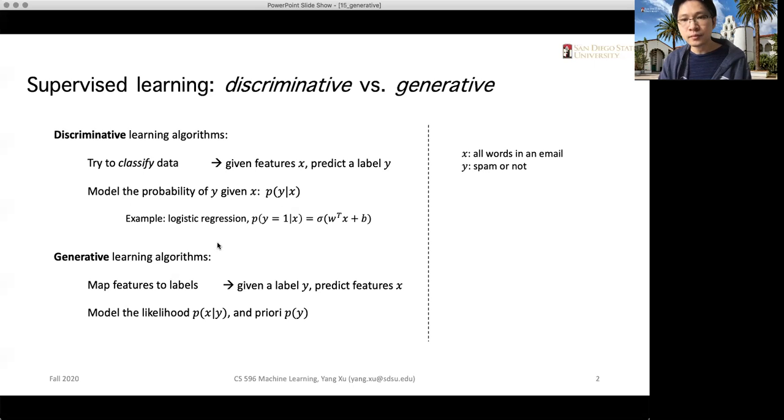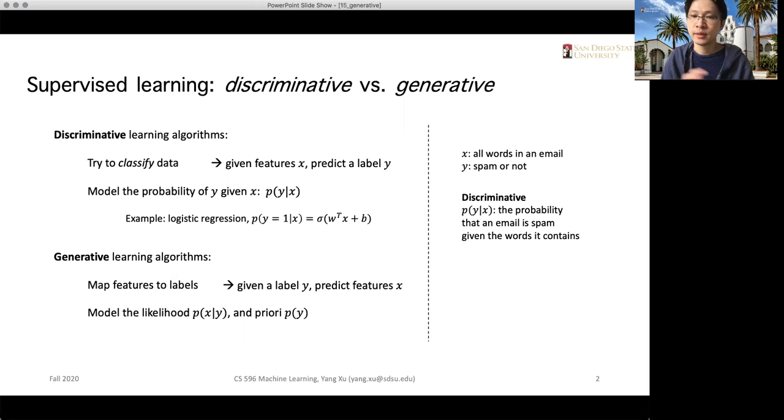So take a more concrete example. If our task is to use all the words in an email to predict whether this email is spam or not, which is a simple binary classification task, and we think of it as a discriminative problem, then we need to obtain some probability that tells us how likely an email is spam, given the words.